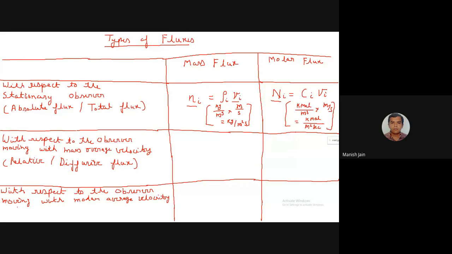It is represented by different notations.